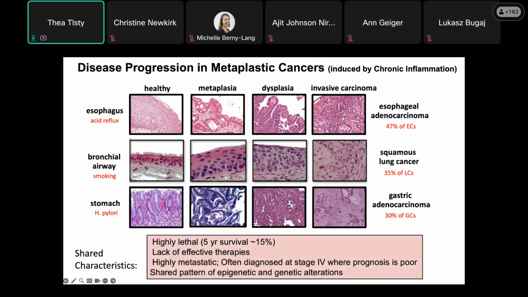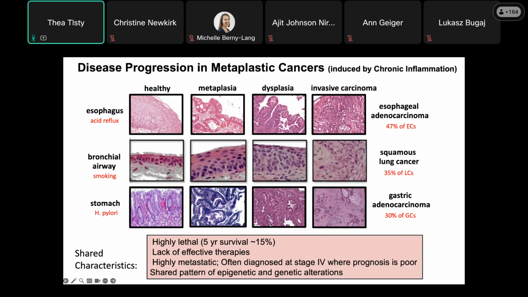All of these chronic inflammation associated cancers, not only the 3, but the others that I could mention, have high lethality, very, very low survival, lack effective therapies, and they're often highly metastatic, meaning the majority of these cancers are diagnosed at stage 4. In other words, metastases are throughout the body already.